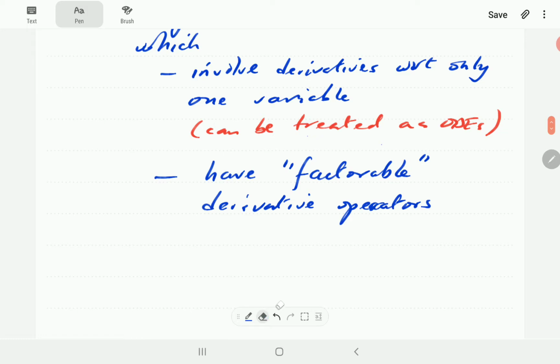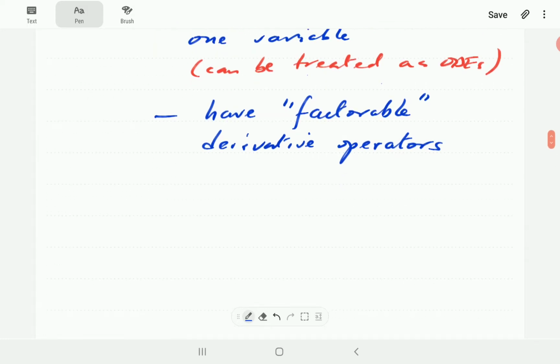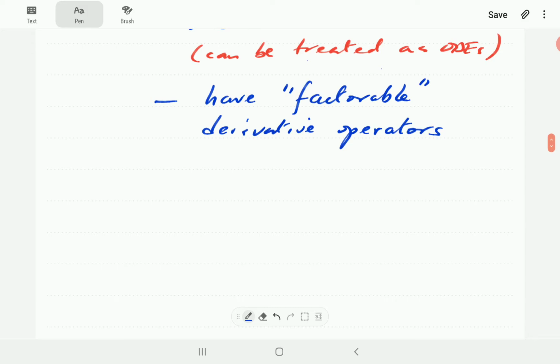I think it's probably going to be best to demonstrate what we're talking about here through examples. All right, so let's look at some examples now.